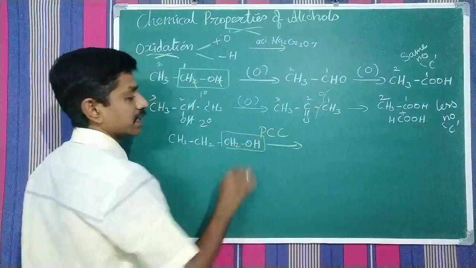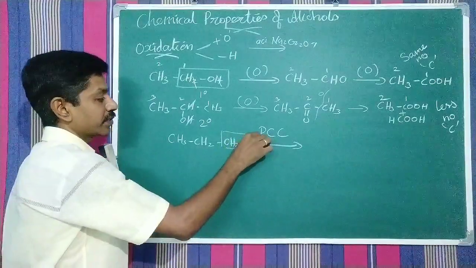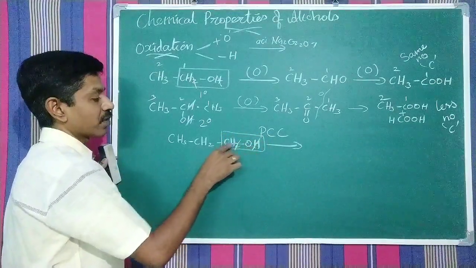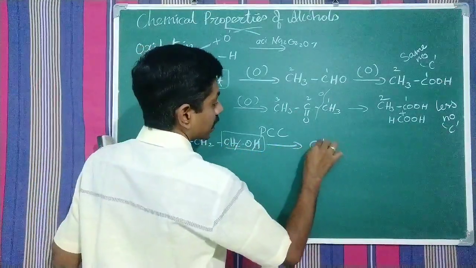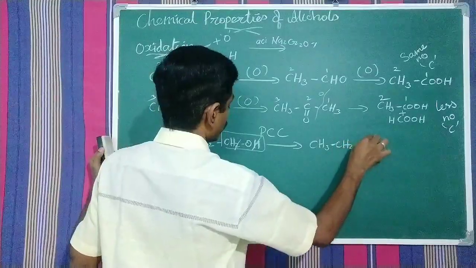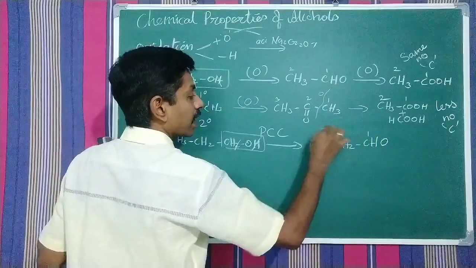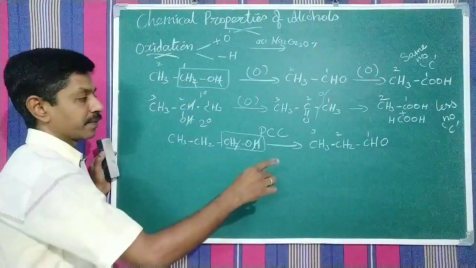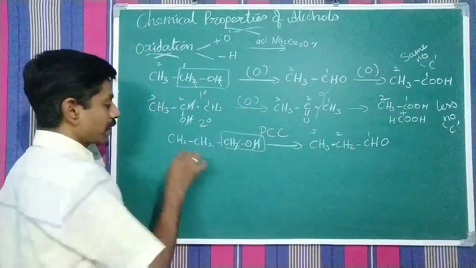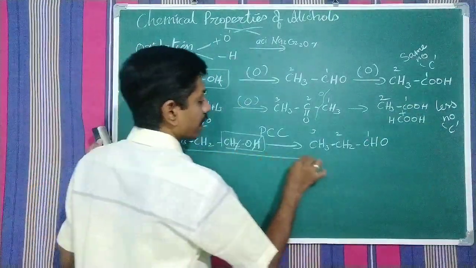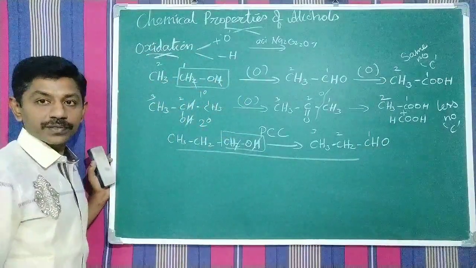With PCC, the oxidizing agent removes one hydrogen from oxygen and one from carbon. The resulting product is an aldehyde, CH3CH2CHO, propanal. Further conversion to acid will not take place. So, depending on the product required, we can use different types of oxidizing agents.